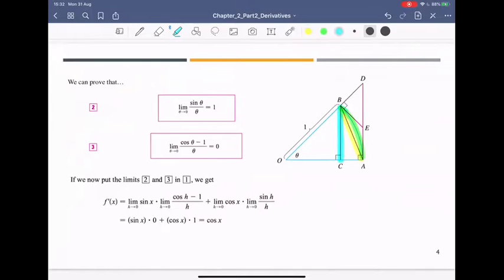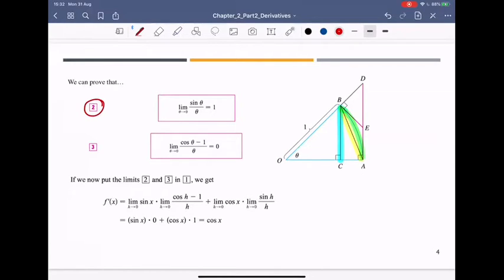And when they have these 3 lines, they compare them and then use the squeeze theorem. After that, they can prove that the limit of sine x over x equals 1, where x goes to 0. That is how we prove equation 2 here.